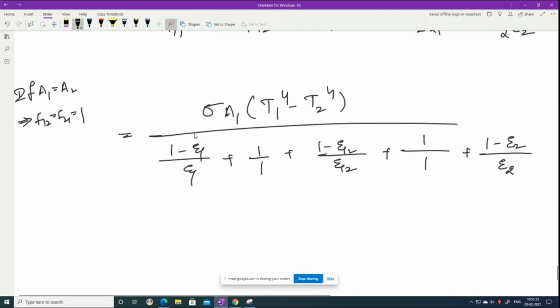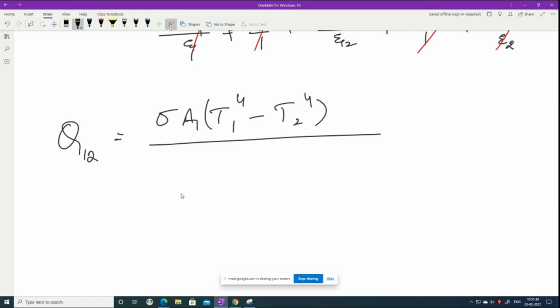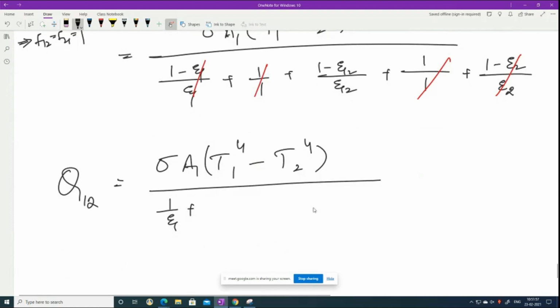So here epsilon 1 by epsilon 1 is 1. This is minus 1 plus 1 gets cancelled. Here you have minus 1 plus 1 getting cancelled. So what you will have ultimately is Q12 equal to sigma into A1 into T1 to the power 4 minus T2 to the power 4 by 1 by epsilon 1 plus 1 by epsilon 2, from this side I am taking.